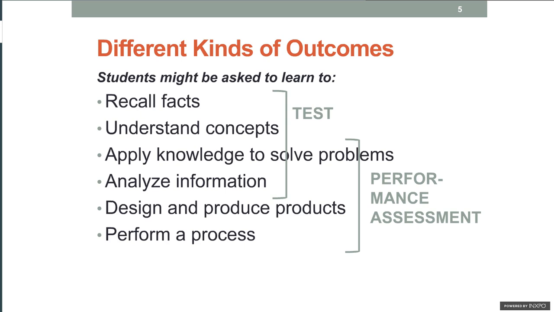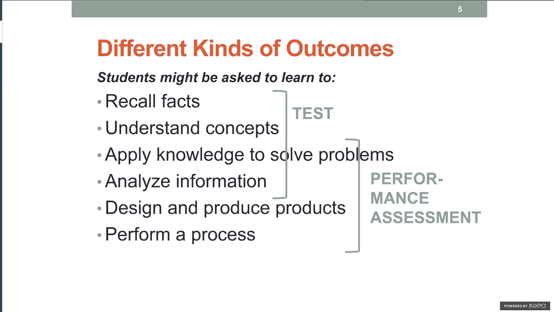Here we go. When you plan a unit, you start with a set of unit goals, which are based on standards, and you need to look at your unit goals right at the beginning, before you plan your unit, and see what kind of outcomes you're actually asking for. What kind of learning are you actually aiming to have students accomplish?